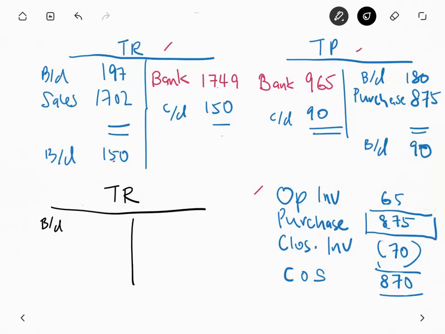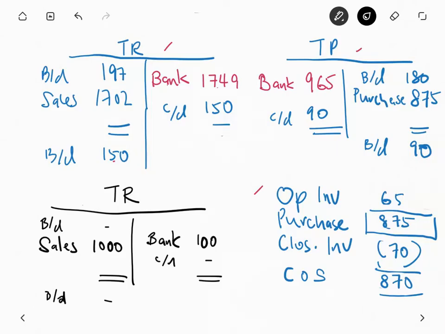If my opening balance is 0, closing receivable is 0, carried down, brought down, 0, correct? During the year, my sales is 1,000. No opening, no closing. How much is the amount I receive? Exactly the same. I sell 1,000, I collect 1,000.